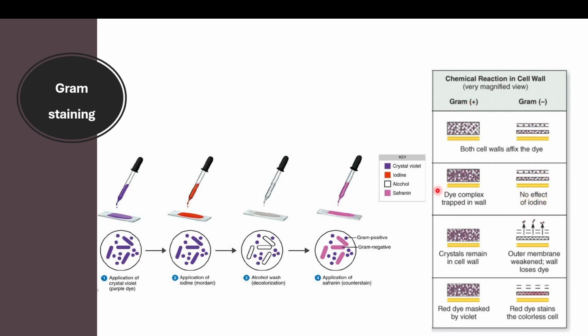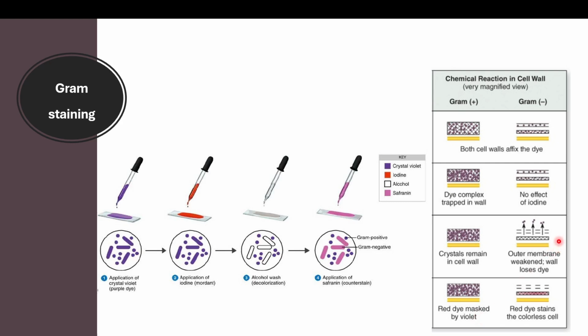So these crystals remain in the cell wall in gram positive bacteria because of the thick peptidoglycan layer. Whereas in gram-negative bacteria, the outer membrane gets weakened and the cell wall loses the dye because it has a thin peptidoglycan layer followed by an outer layer of lipopolysaccharides.